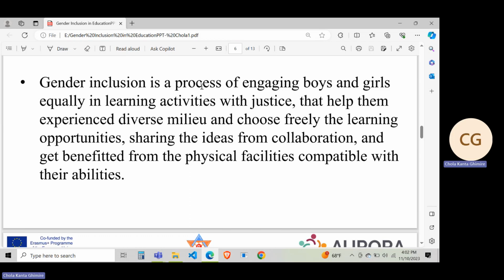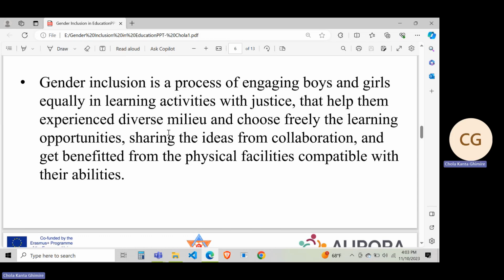Therefore, gender inclusion focuses on engaging boys and girls equally in learning activities that ensure justice for learning and help them experience diverse values, both girls and boys equally.